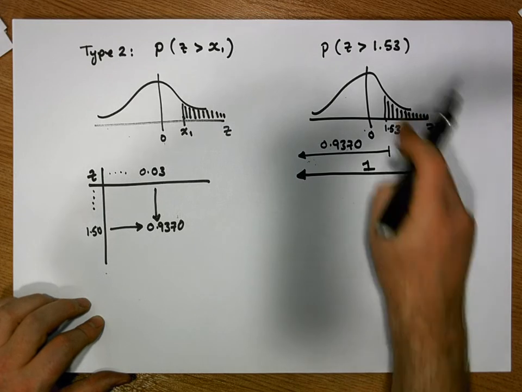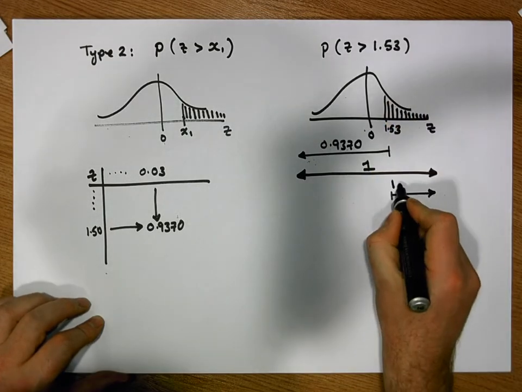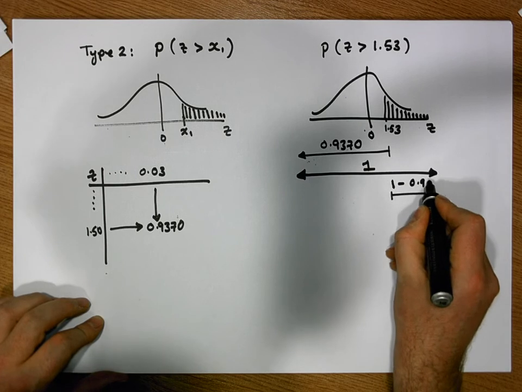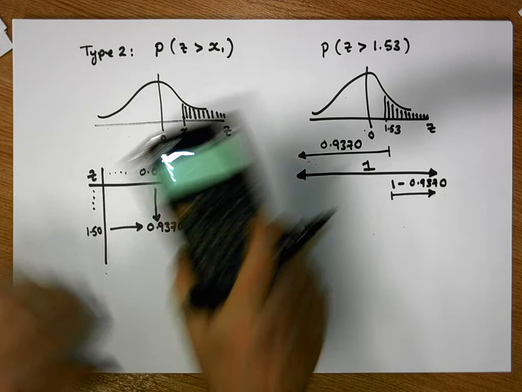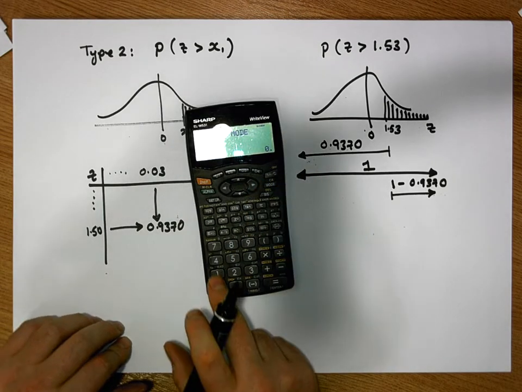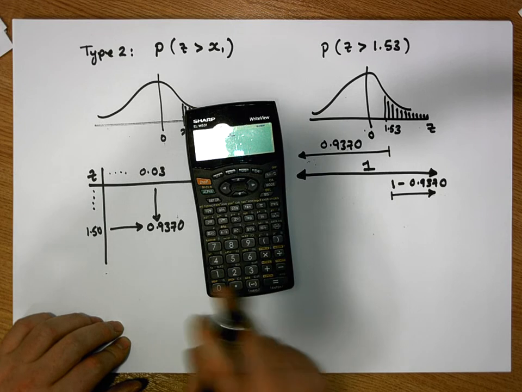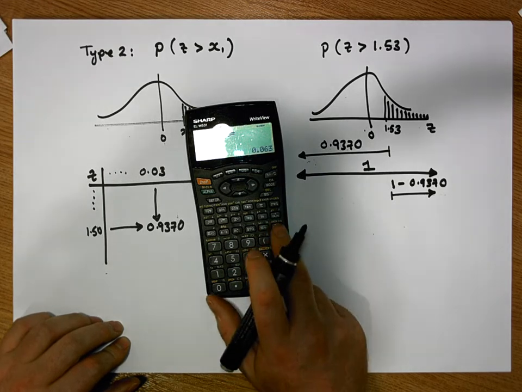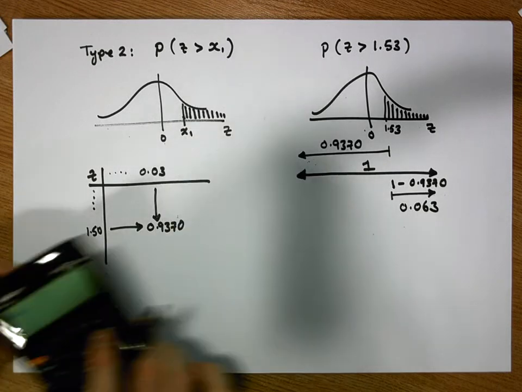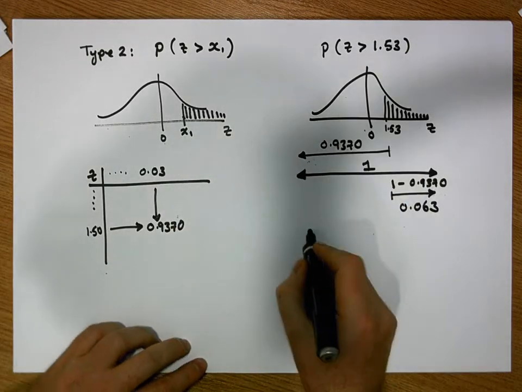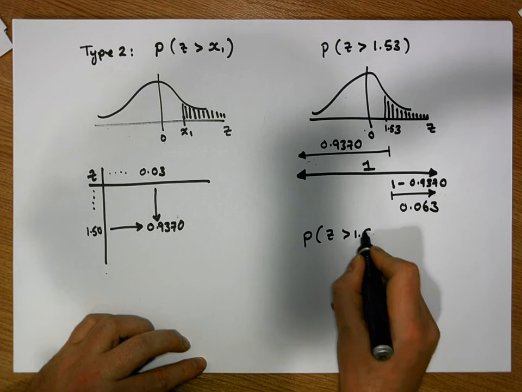So really, the area to the right hand side of 1.53 is the longer line minus the shorter line, which is 1 minus 0.9370. Let's do that on the calculator: 1 minus 0.9370 gives us a value of 0.063.